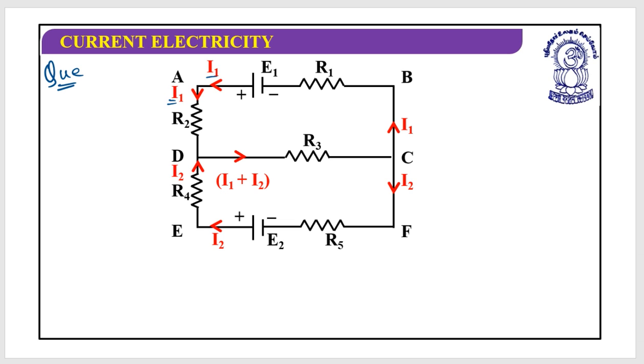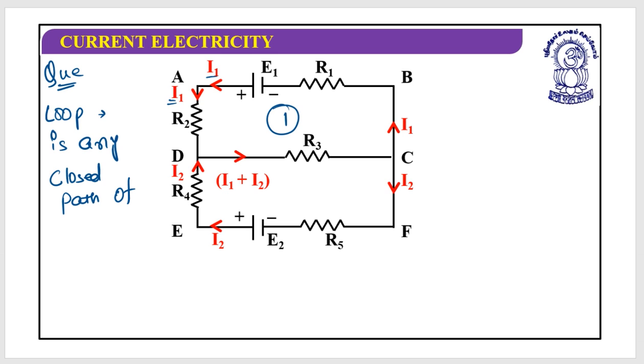Let's suppose that we have two loops. This is the first loop. When I say loop, I mean any closed path of a circuit.